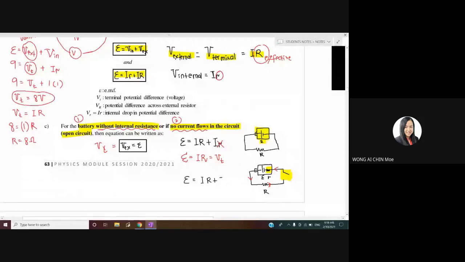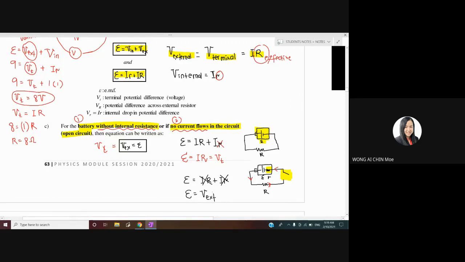If no current flows through, current tak ada, bermaksud kita punya EMF masih kekal EMF. So apa yang dia measure itu adalah masih kita punya V external, masih lagi nilai yang sama.